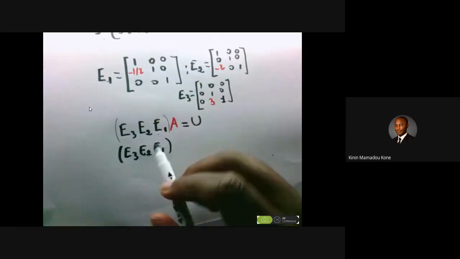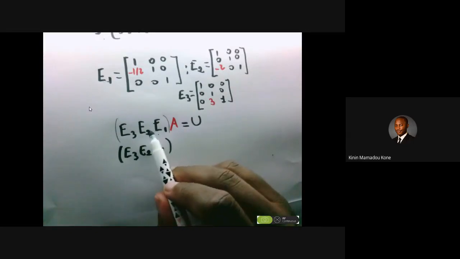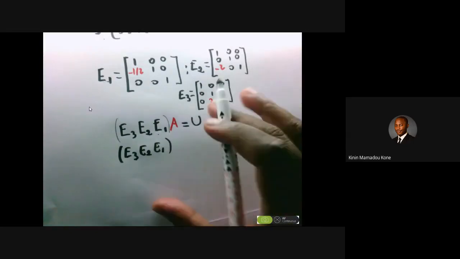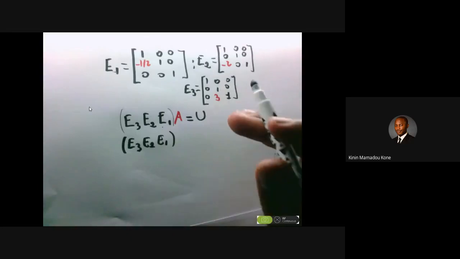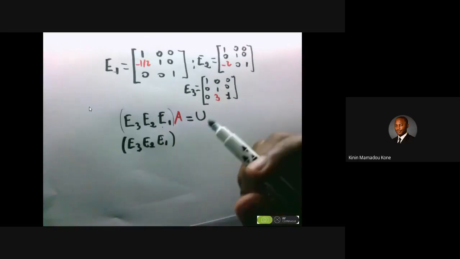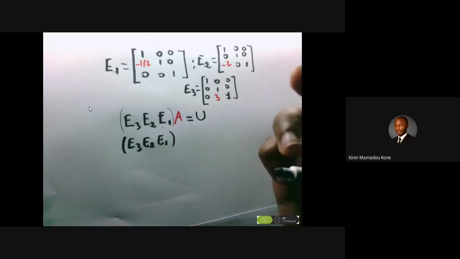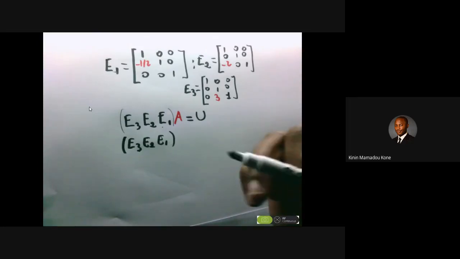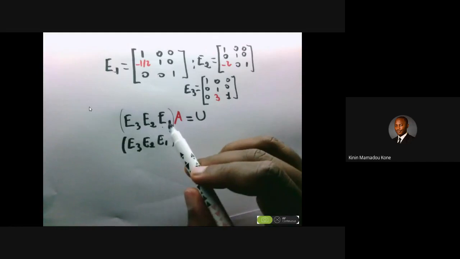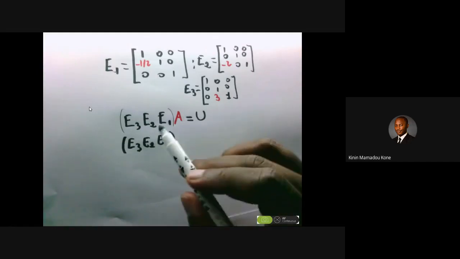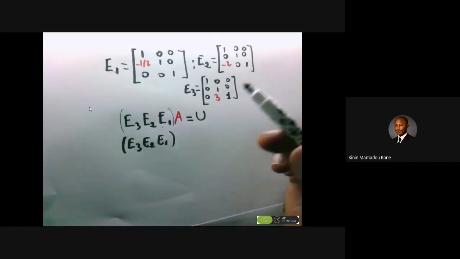I know that they are invertible, so their inverse exists. The elementary matrices are non-singular, which means they are invertible, and the product of non-singular matrices is non-singular.